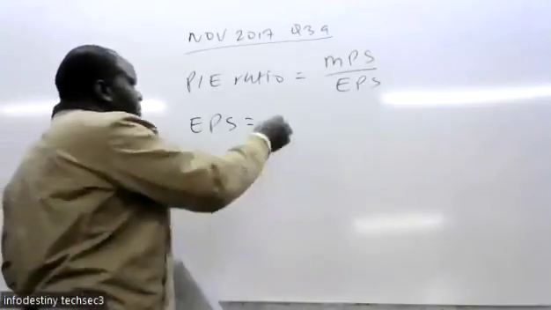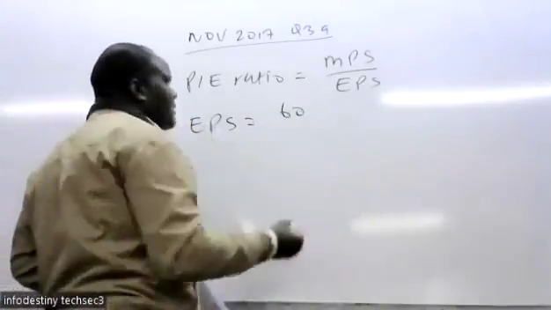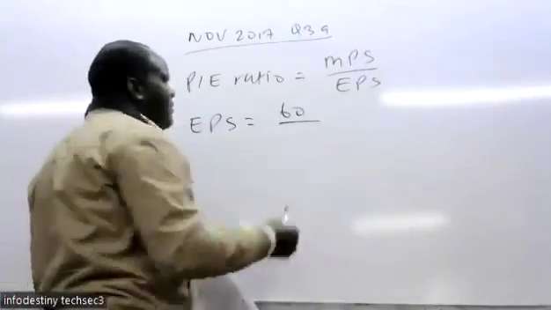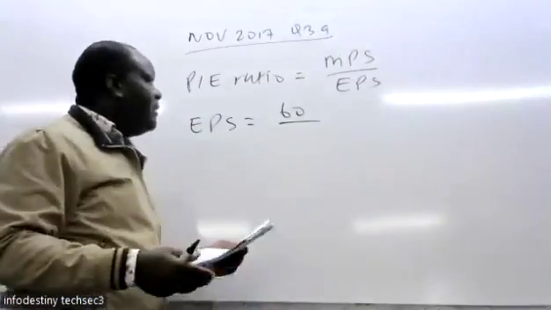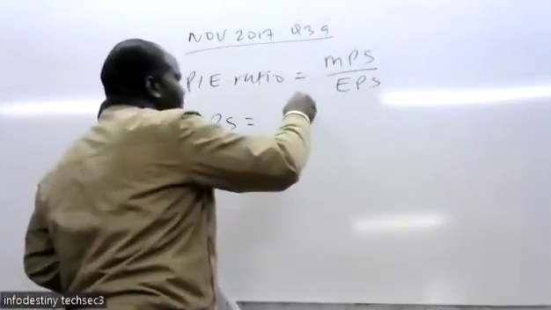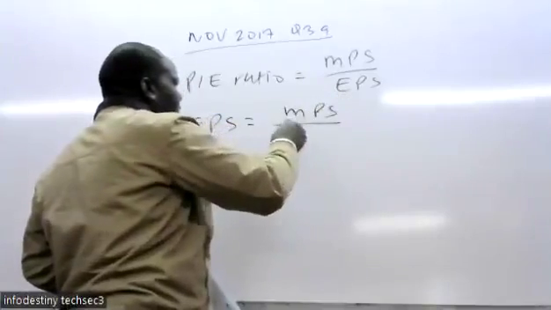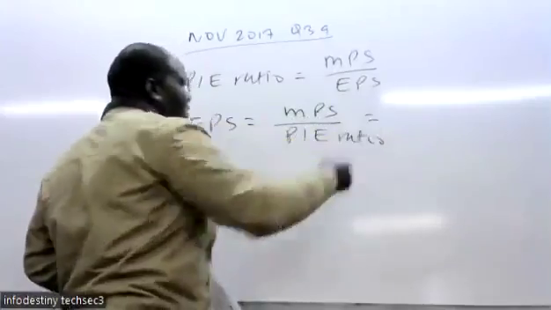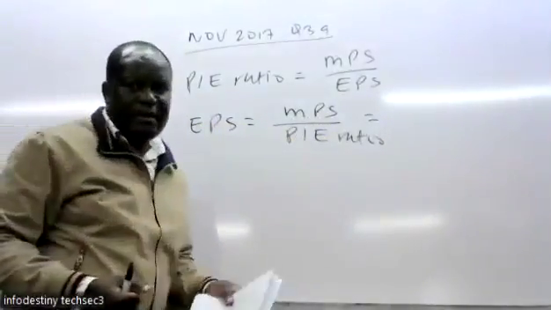It will be market price per share, which is 60, divided by the price earning ratio.